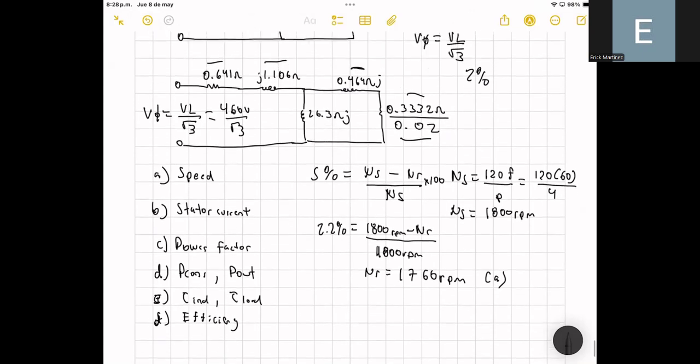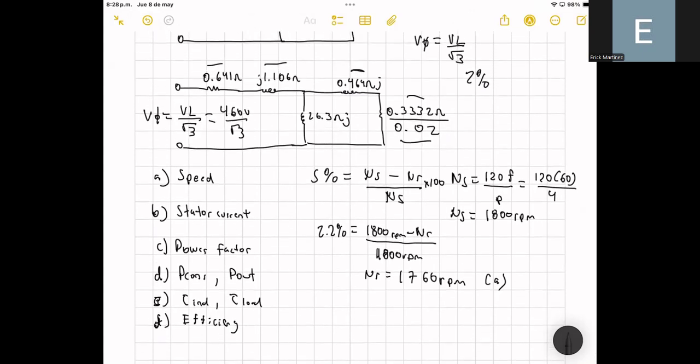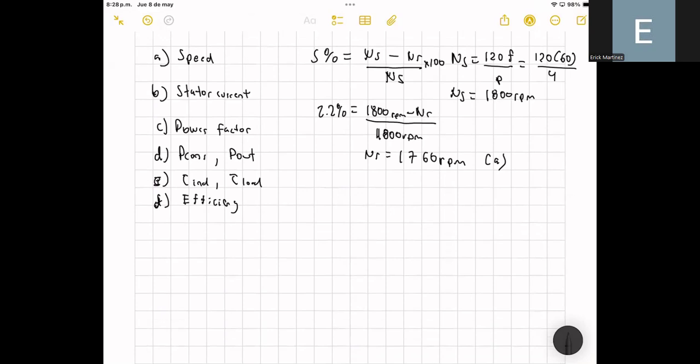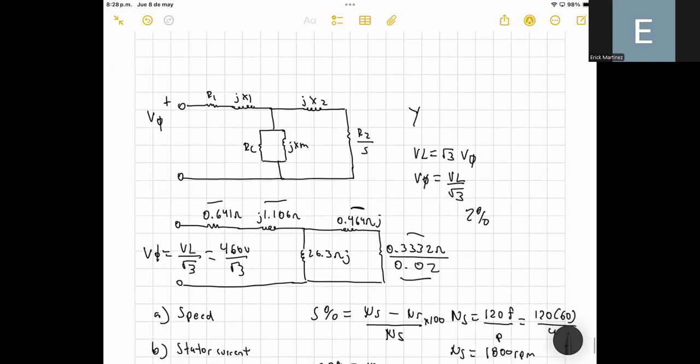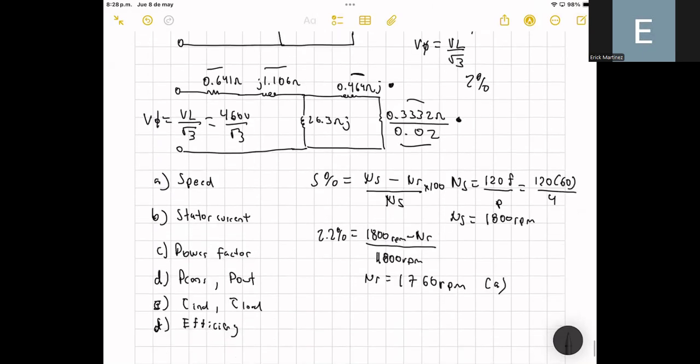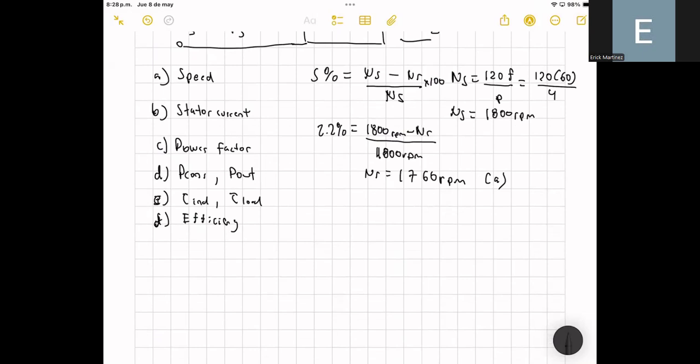We can simplify the circuit. If you simplify the circuit, you will obtain the following. First, I will add together the resistance of this term and the impedance of this term.